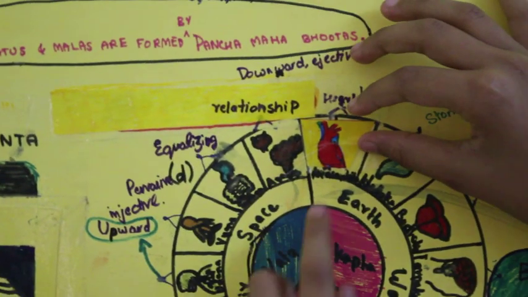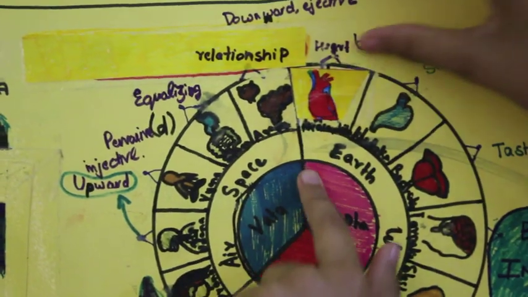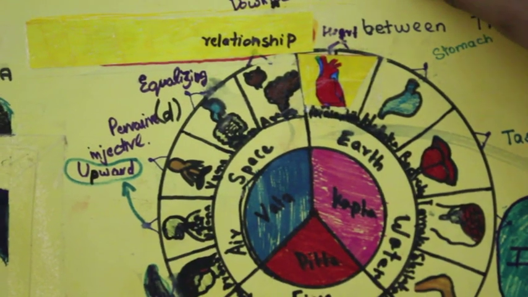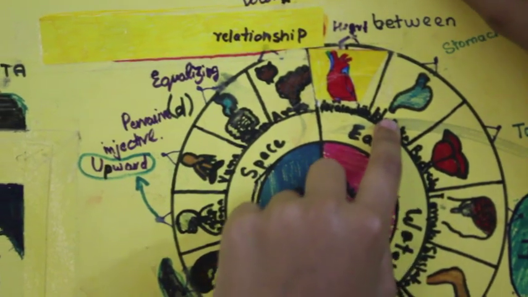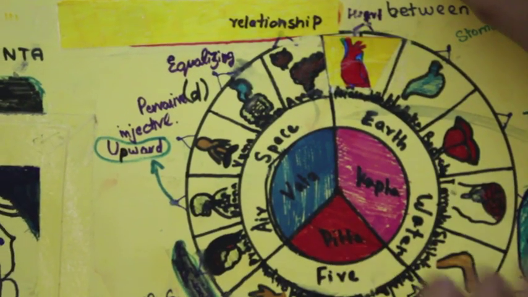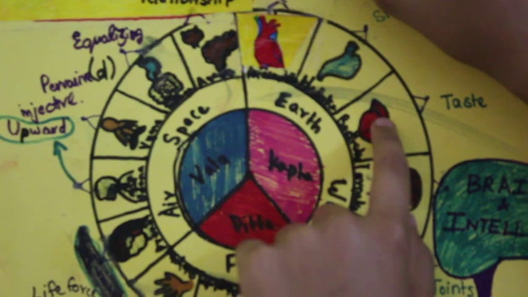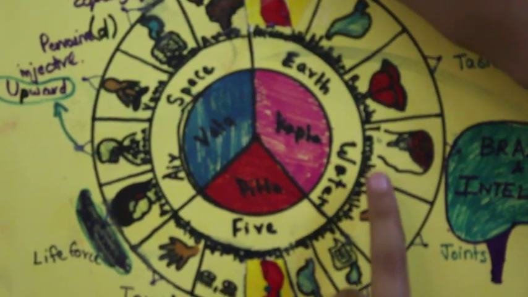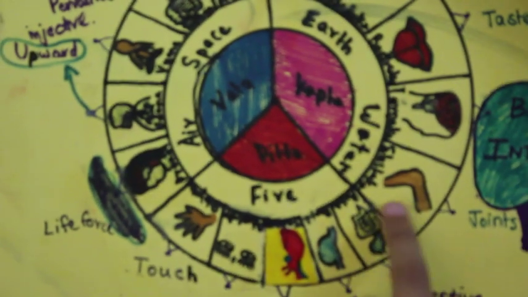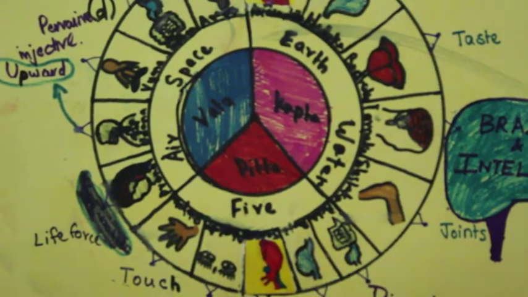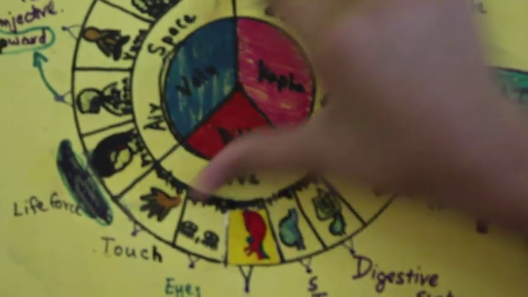And here is Avalambaka, in the heart, in the chest region, and Kledaka is in the stomach, Bodhaka is for the taste, in the tongue, and Tarpaka is in the brain, and Shleshaka is in the joints of the body. So this is the chart that I created.